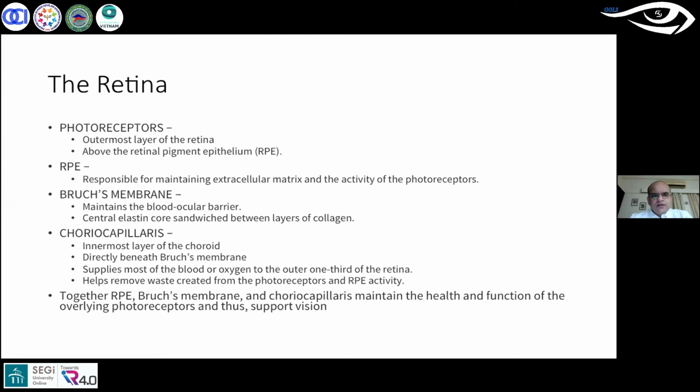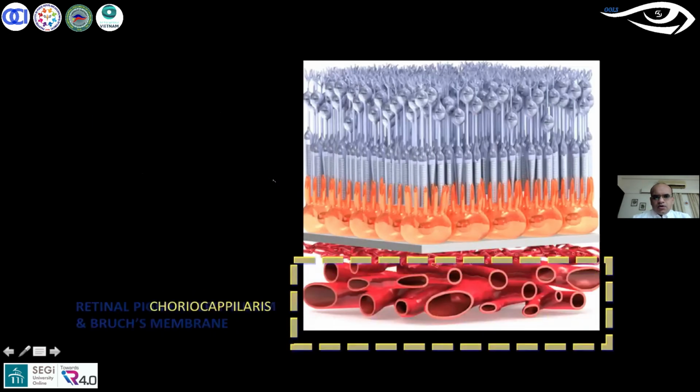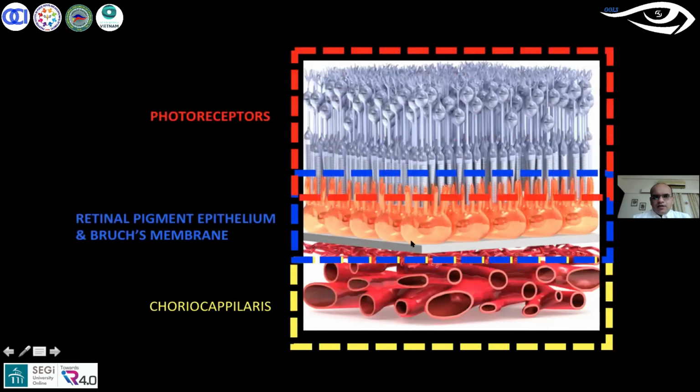So together, the RPE, Bruch's membrane, and choriocapillaris maintain the health and function of the overlying photoreceptors and thus support vision, and are, again, central to age-related macular degeneration and its pathophysiology. So here we have the main layers: the choriocapillaris, the retinal pigment epithelium with the Bruch's membrane, and the photoreceptor layer.